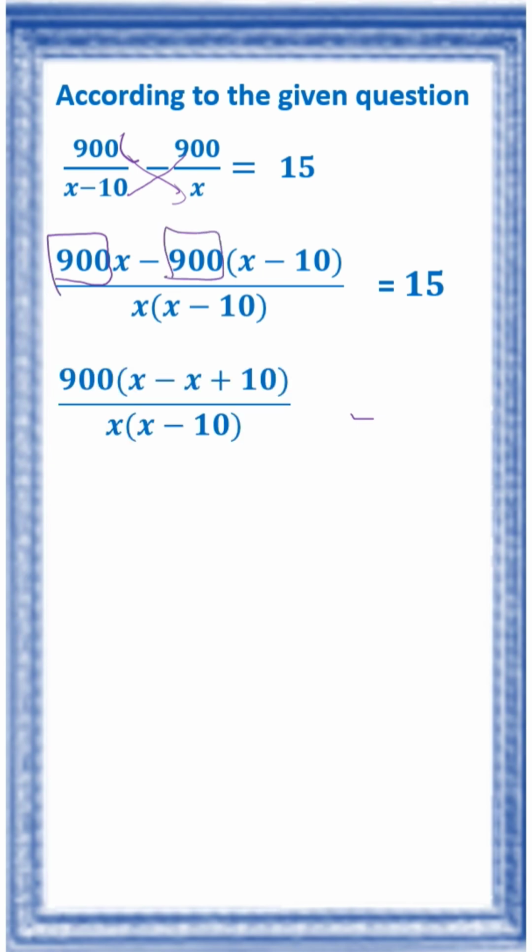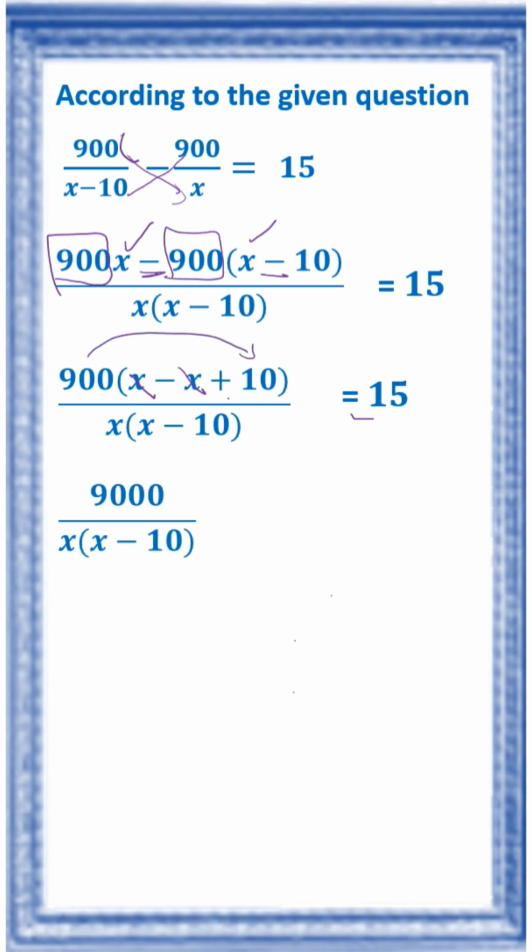Here x minus x inside the bracket, minus minus plus 10, that is equal to 15. Here x and x get cancelled. 900 into 10, what is that? 9000 divided by x into x minus 10. Here only you can multiply and you could have written x square minus 10x, that is equal to 15.